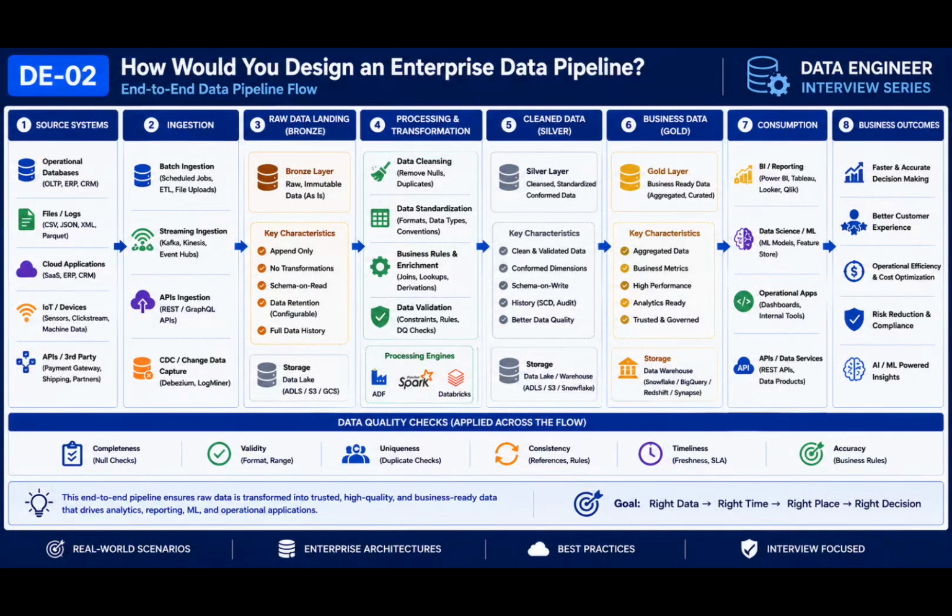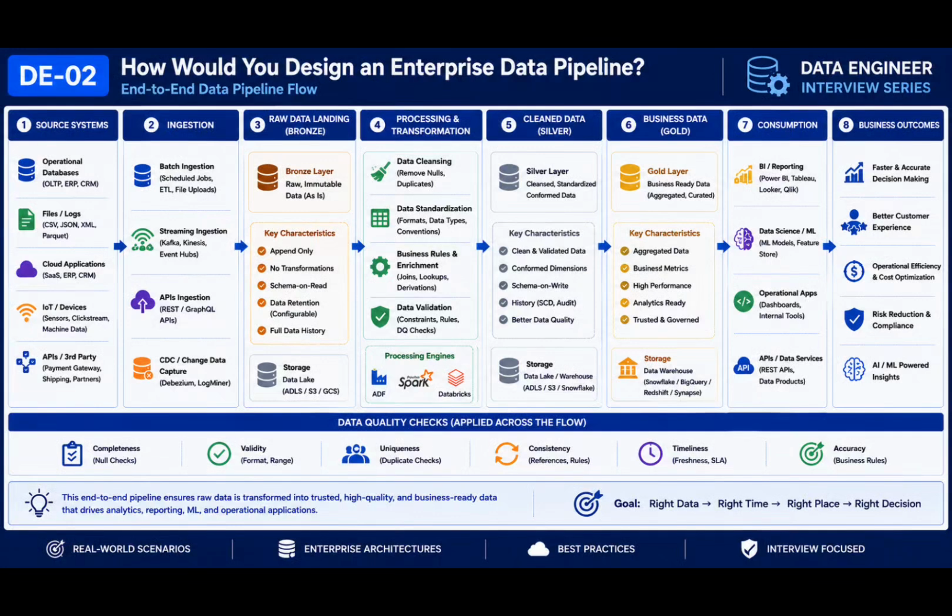The fourth step is the processing engine cleans, validates, standardizes and enriches the data. The fifth step is the silver layer stores high quality validated data. The sixth step is business aggregations are created in the gold layer. The final step, business users consume this trusted data through dashboards, reports, machine learning models and APIs.